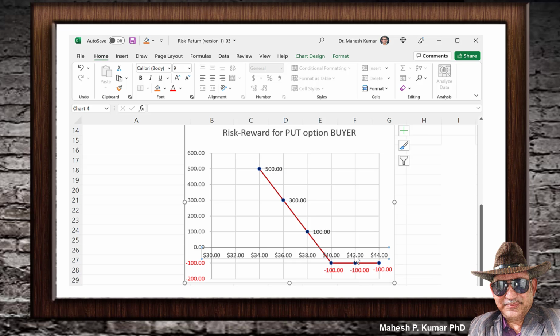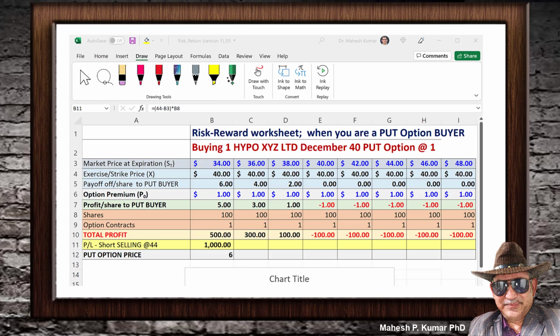So if the market price is 42, you will sell in the market at 42. You won't sell at the strike price of 40, right? So there is no fun in doing that. This graph shows us the risk and reward of the put option buyer.